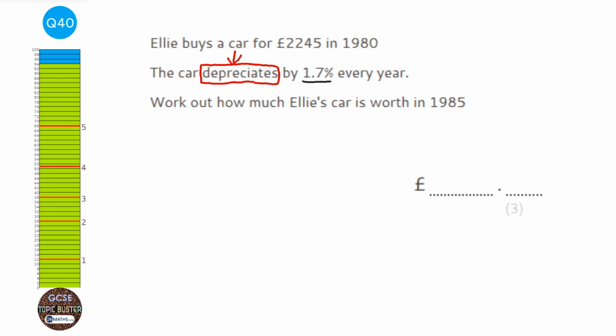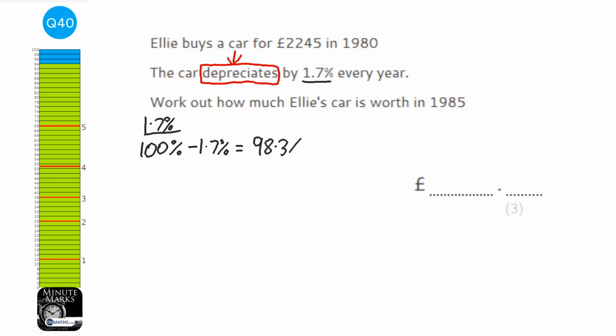So to work out the multiplier, you first of all start off with 100%. Now this time you take away 1.7%, okay, because it's going down by 1.7%. And you can do that on your calculator or in your head. So 100 take away 1.7 is 98.3%.